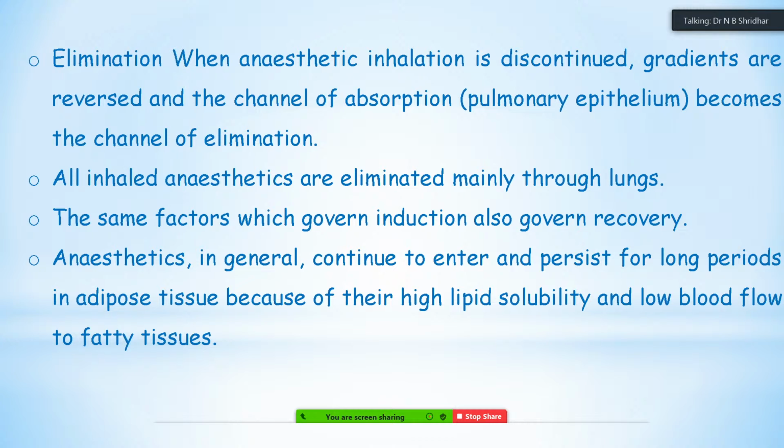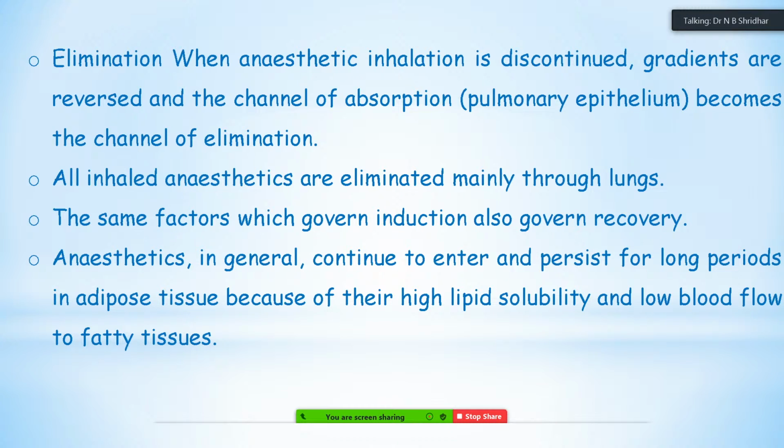The elimination of the anesthetics is also another important factor in pharmacokinetics. When anesthetic inhalation is discontinued, gradients are reversed, and the channel of absorption, especially the pulmonary epithelium, becomes the channel of elimination.